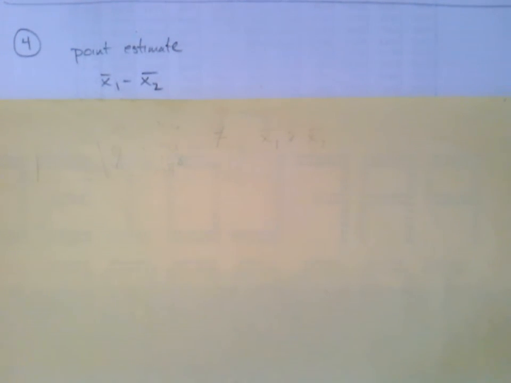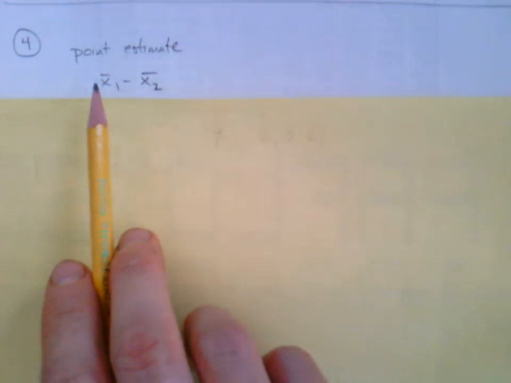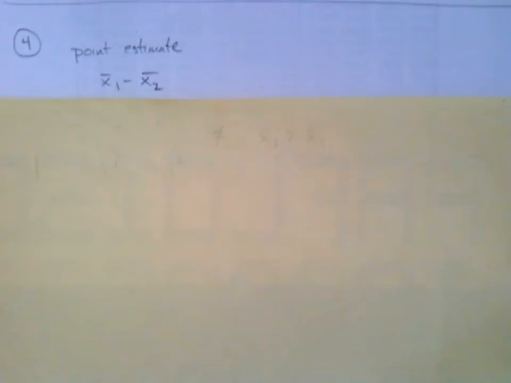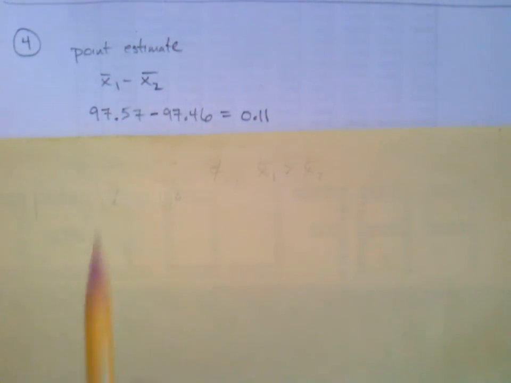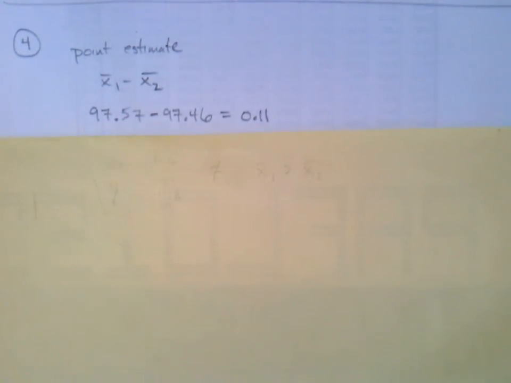So we have these new, more complicated formulas, but they have the similar traits as our new test statistic formulas. The point estimate for independent groups we find with x bar 1 minus x bar 2. Well, for us, we can just take our numbers from that table, x bar 1 minus x bar 2. That's what our numerator was back in the test statistic anyway. Turned out it was 0.11.